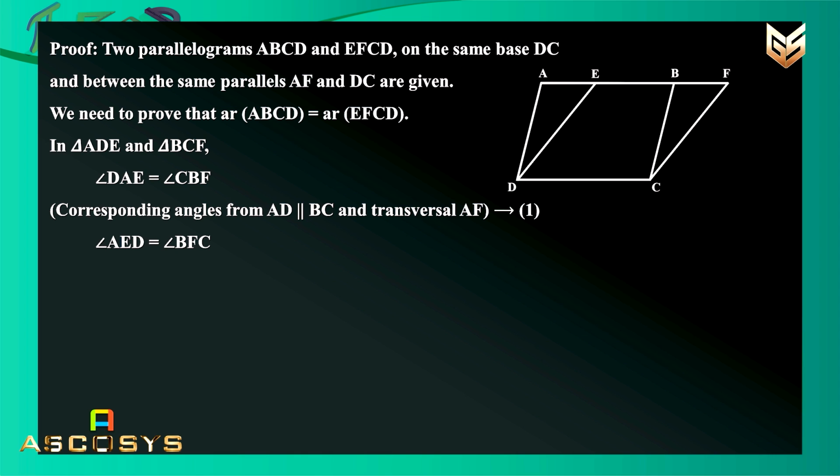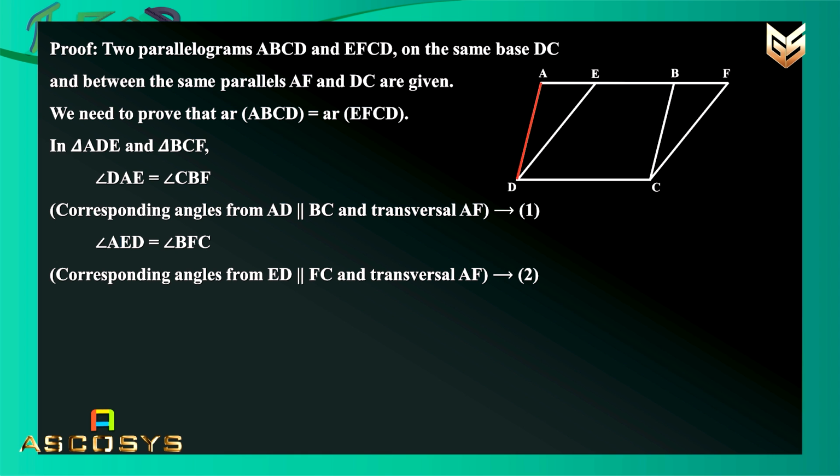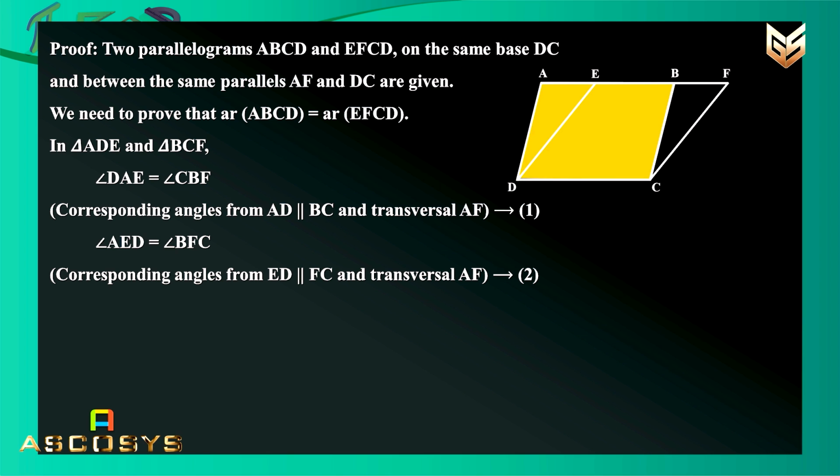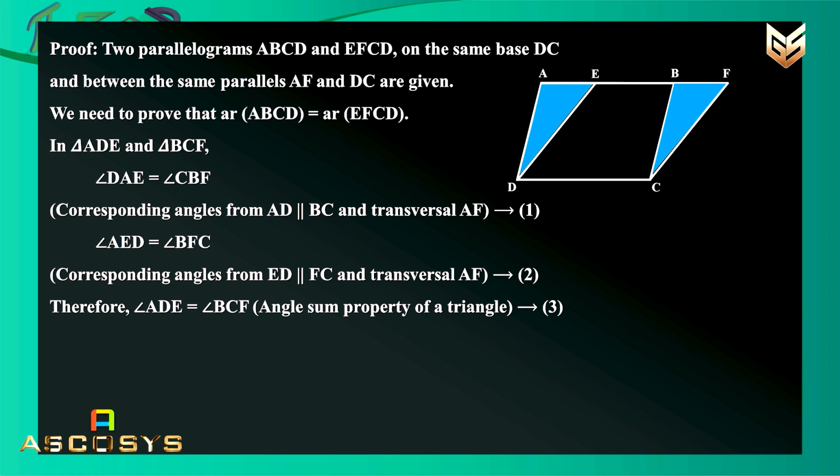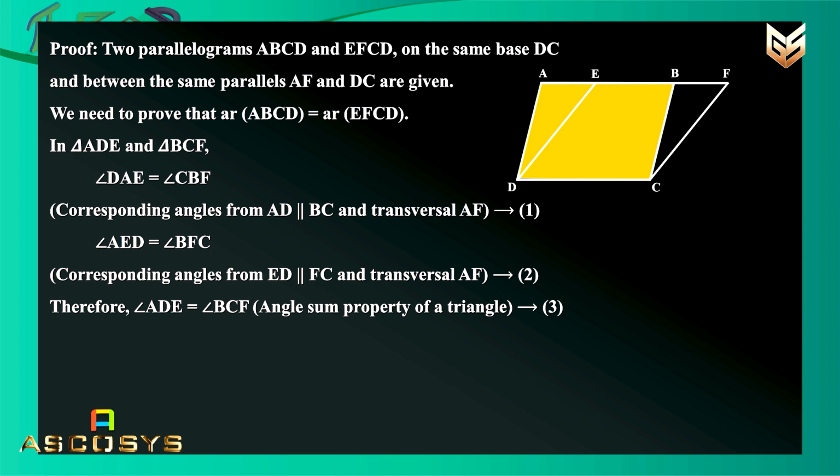What is the reason? Same reason, corresponding angles from ED parallel to FC, and the transversal is AF. Let it be equation number 2. Therefore, we can say that angle ADE is equal to angle BCF because of the angle sum property of a triangle. Let it be equation number 3.